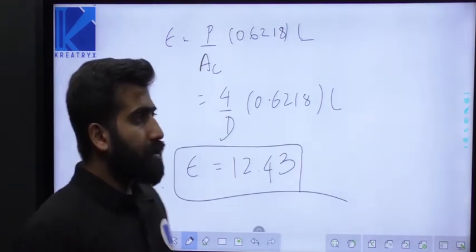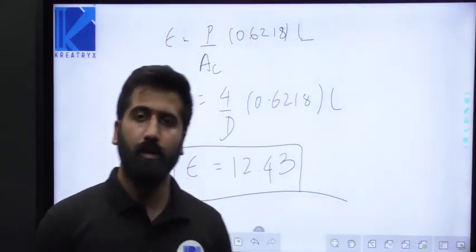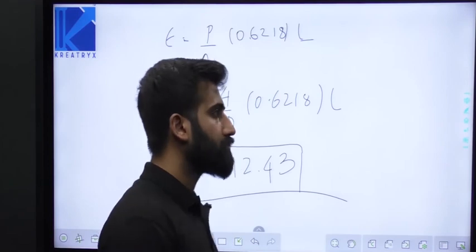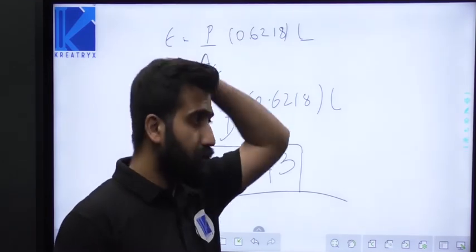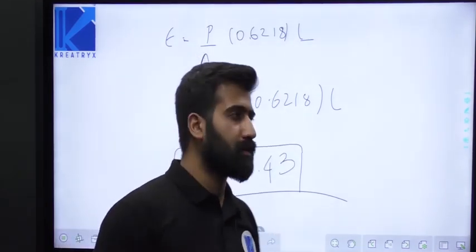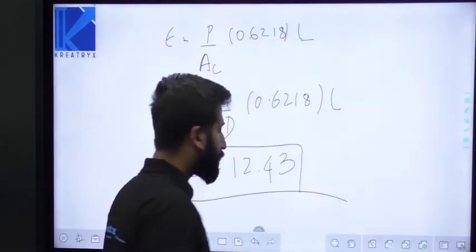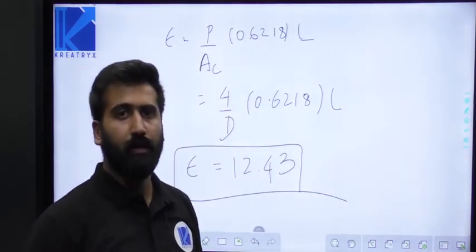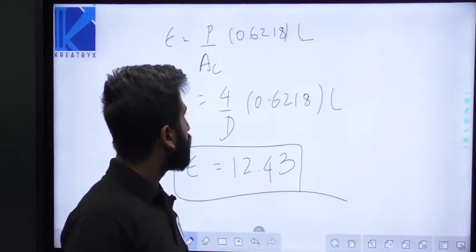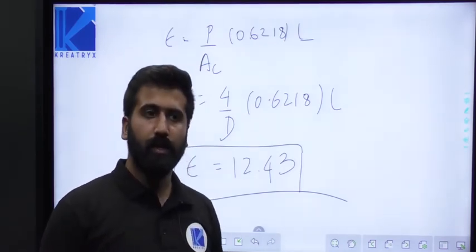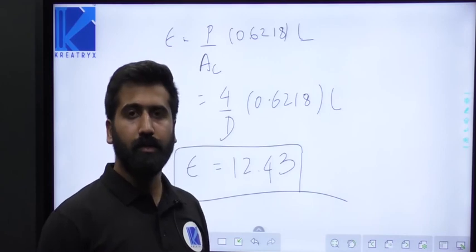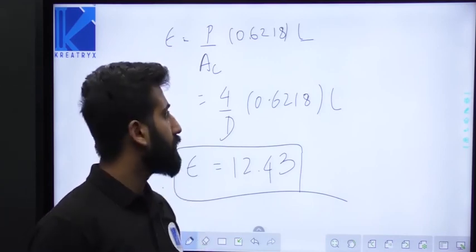So I've tried covering all types of questions that can be asked. Obviously, we cannot expect similar types of questions in the exam, but I've tried covering the questions that deal with all the concepts required for fins.